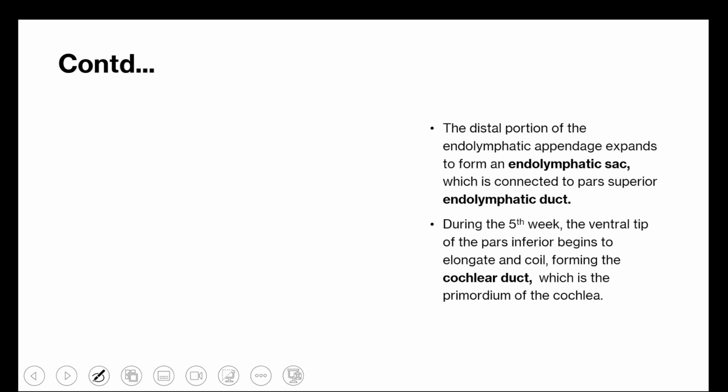And next you see that during the fifth week, the ventral tip of the pars inferior, you can see we had drawn, this is the endolymphatic structure. Here there is a sac-like structure that is formed from the endolymphatic appendage, and there is the expanded pars superior, and next there is a tapering pars inferior, and this pars inferior will elongate more and more.